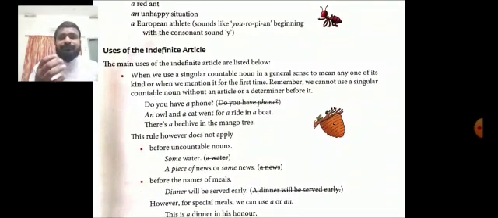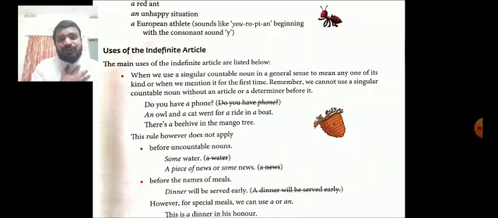As we have seen, we use these indefinite articles with a singular countable noun in a general sense. And one more thing you need to remember here: we cannot use a singular countable noun without an article.